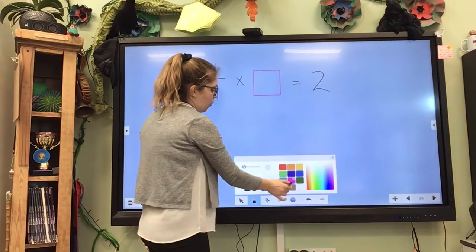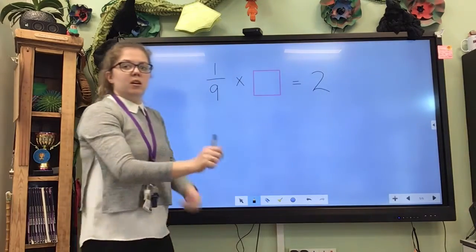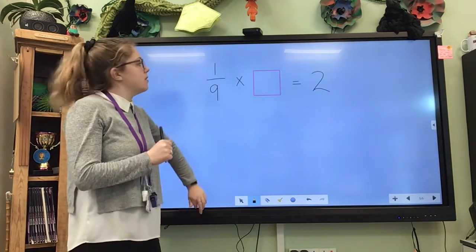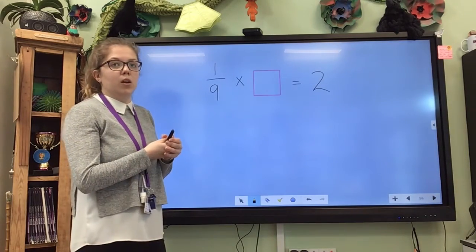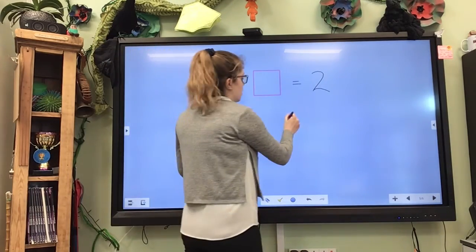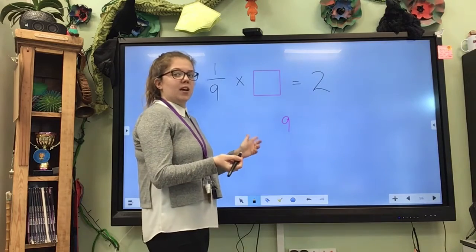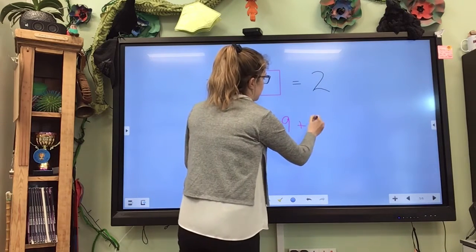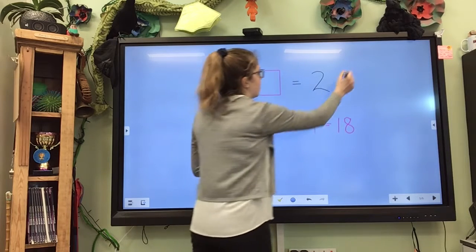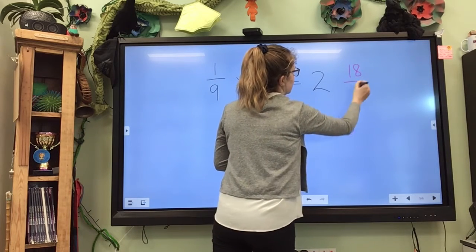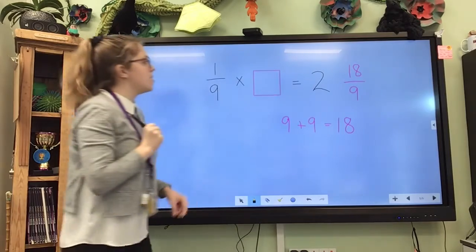So 2 wholes, what's that going to be as a fraction, or an improper fraction, isn't it? So we're going to think, well, how many ninths would we have in 1 whole? 9. And then if we've got 2 wholes, we need to add another 9. So 9 plus 9 we know is 18. So the answer to this question is 18 ninths.